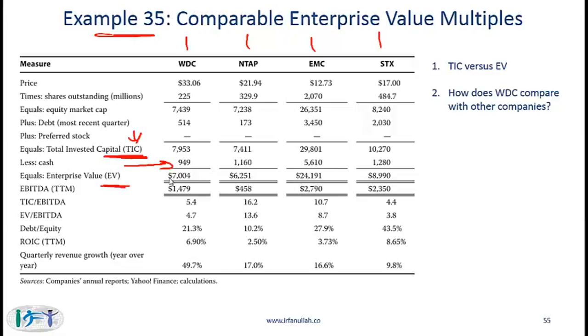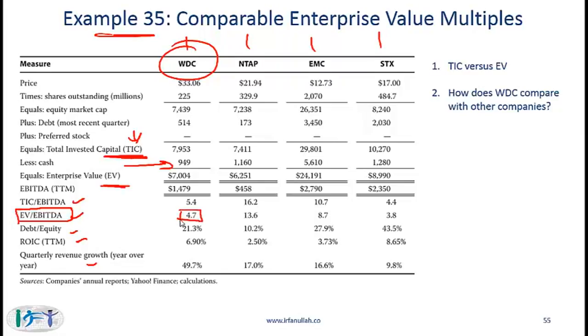All right, now, next what I want you to do is look at these multiples and ratios and come up with whether WDC is an attractive investment or not. So if you look at the numbers, let's start with the most important ratio, at least in the context of what we are studying, which is EV to EBITDA.